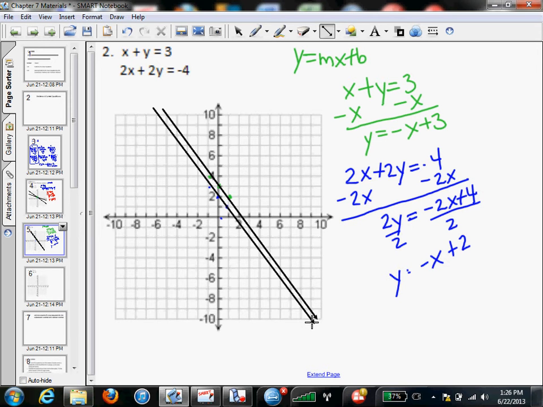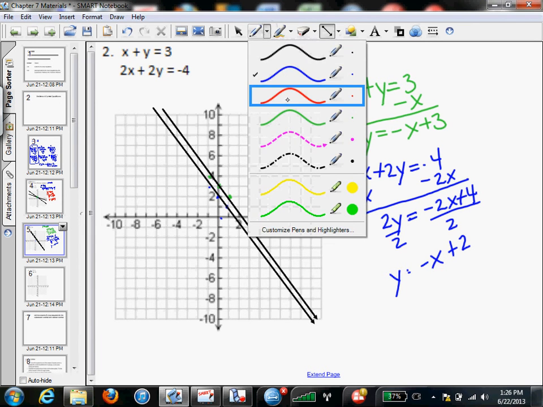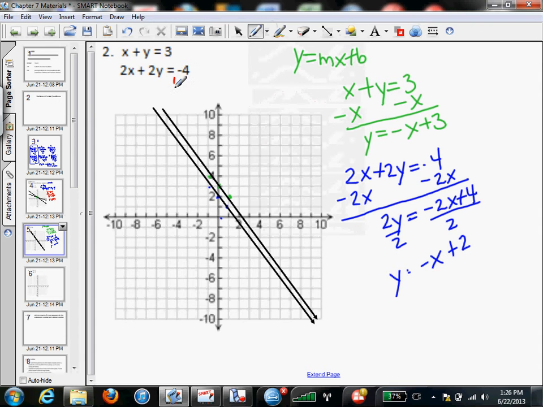And actually, for this purpose, there was a mistake I need to mention. If you look right here, that should have been a negative 4, but I actually wrote a positive 4, it looks like, or I didn't carry it through. So actually the equation should be y equals negative x minus 2.